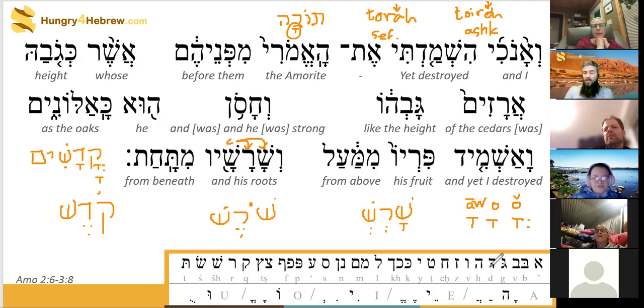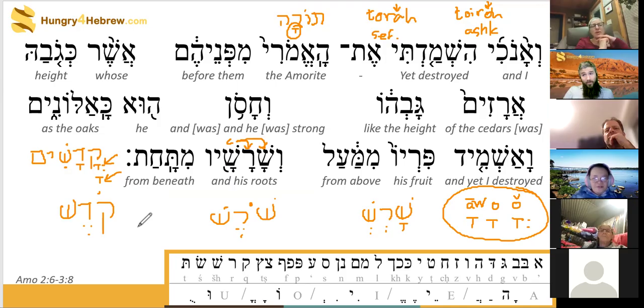Okay, so what that means is that to the Masoretic scribe, there was no difference between Kodashim and Kodashim. This would have been a reduced vowel, and whether this was a short vowel or a long vowel doesn't matter. They were pronounced the same. They had the same quality.